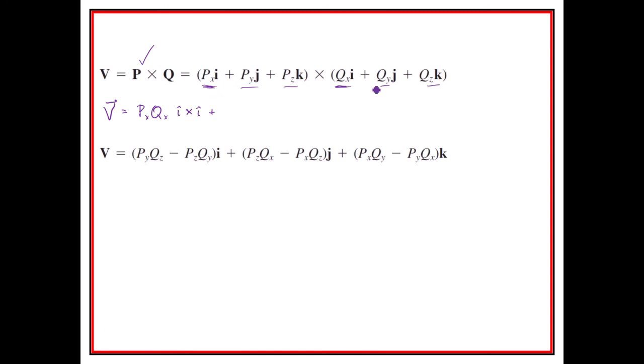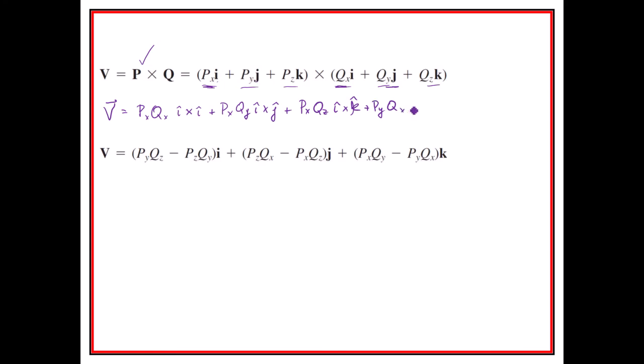Nonetheless, I'll take the Px and the Qy. You're just systematically coming through this right here. And that's going to be I crossed with J, right there. Now let's take the Px times the Qz. That's the I crossed with K. All right, now let's take the Py, so Py Qx.